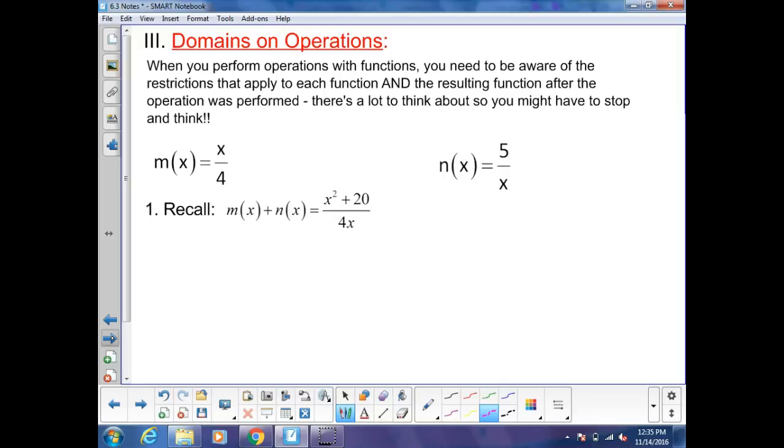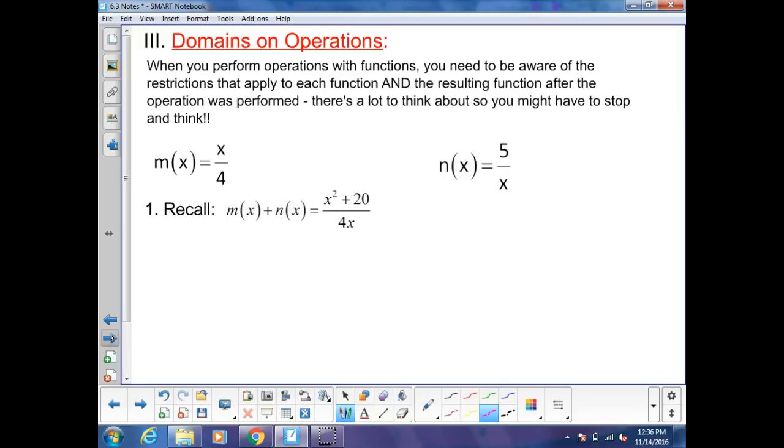There's a lot to think about here, so you might need to stop and think. So, going back to m and n, the two functions that we had before. We added m plus n, correct? And we got x squared plus 20 all over 4x, right?